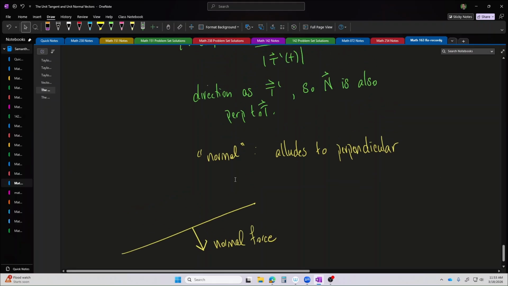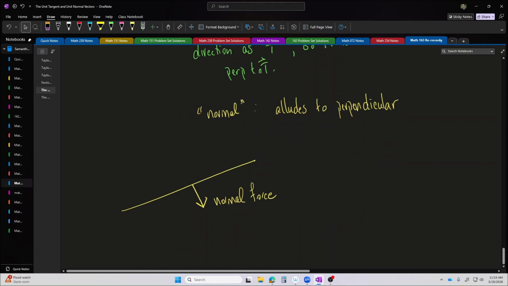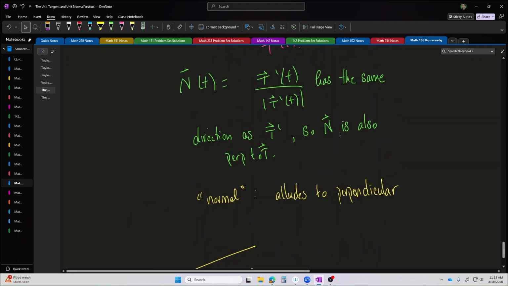The normal force being perpendicular to that surface or perpendicular to that plane. So the word normal in math alludes to something being perpendicular somehow, and that's why this is called the normal vector, because it's perpendicular to the direction in which the object is moving.